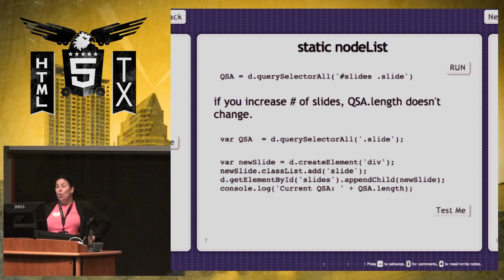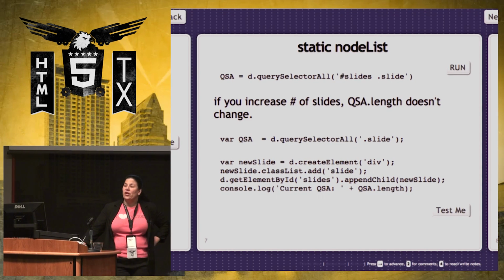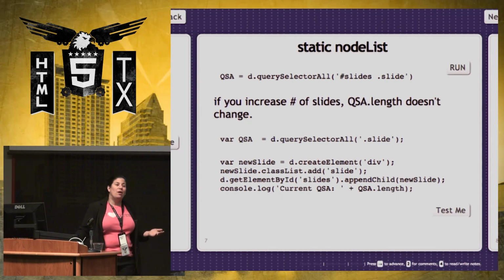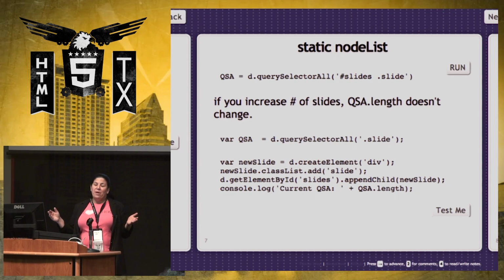Okay. One more thing to note about querySelector and querySelectorAll is that it is a static node list. When you're using jQuery, you have a live node list. When you use getElementsByClassName, which is probably subject number 12, native JavaScript now supports getElementsByClassName. jQuery and getElementsByClassName, both of those are live node lists, whereas querySelector and querySelectorAll are static node lists.